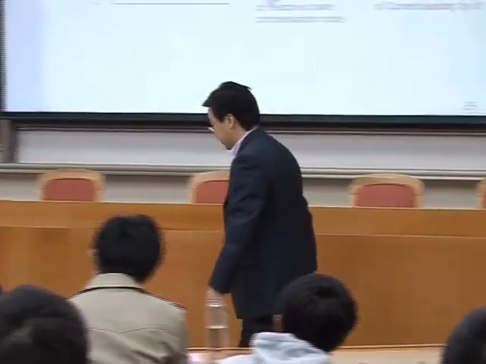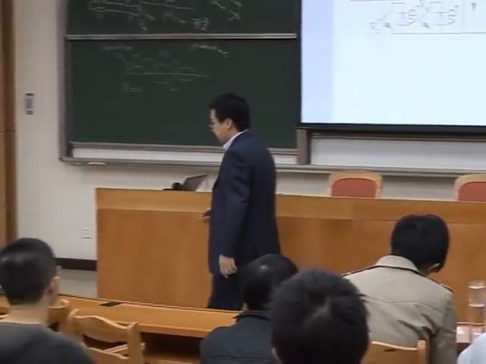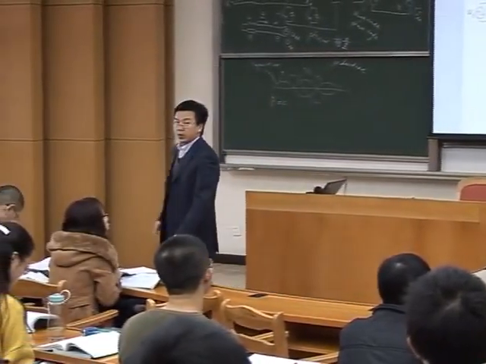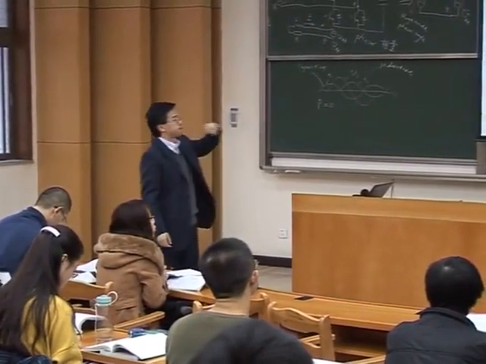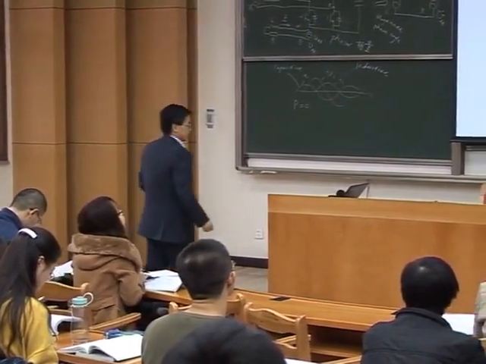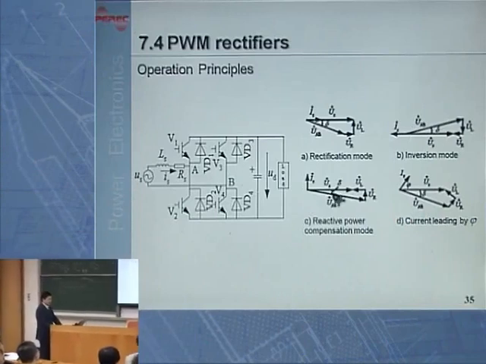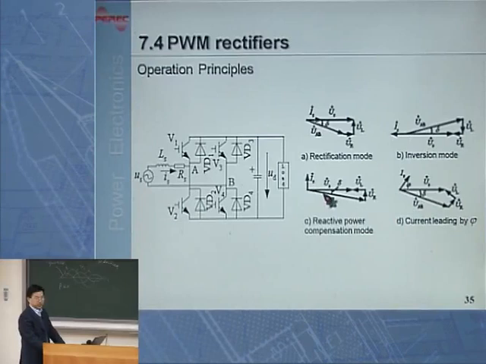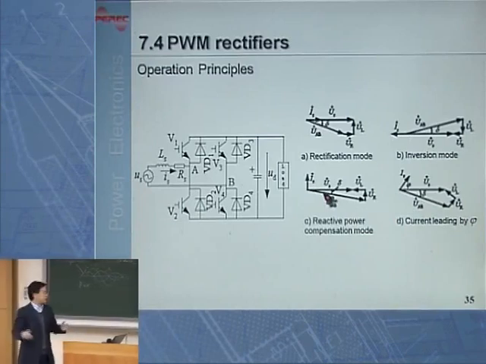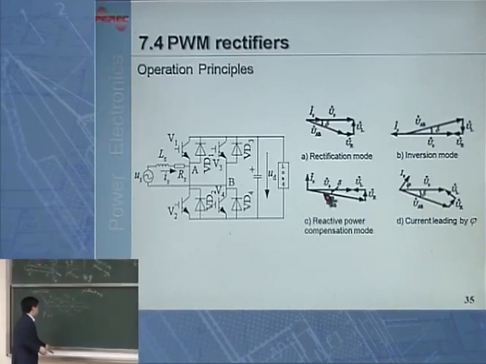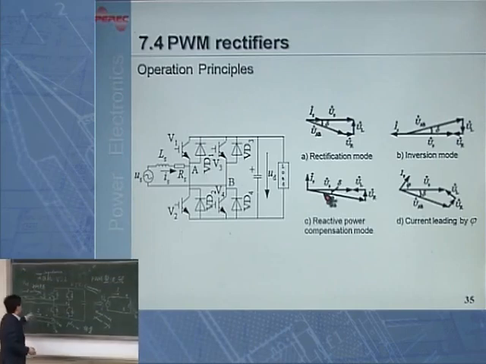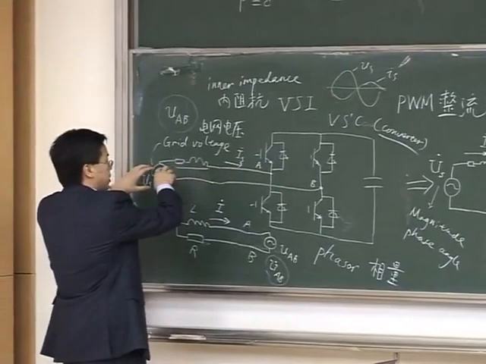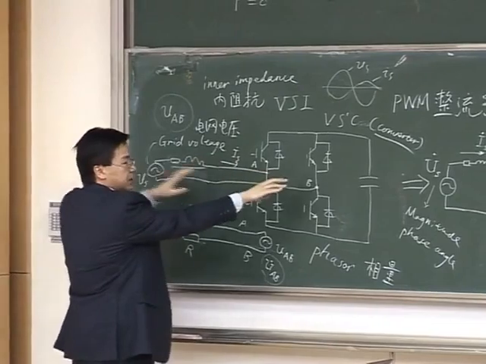You are right. For case C, that's the ideal case, when we keep this current exactly at 90 degrees leading or lagging to Us. Therefore, there's exactly no active power transferring between the grid and the load.